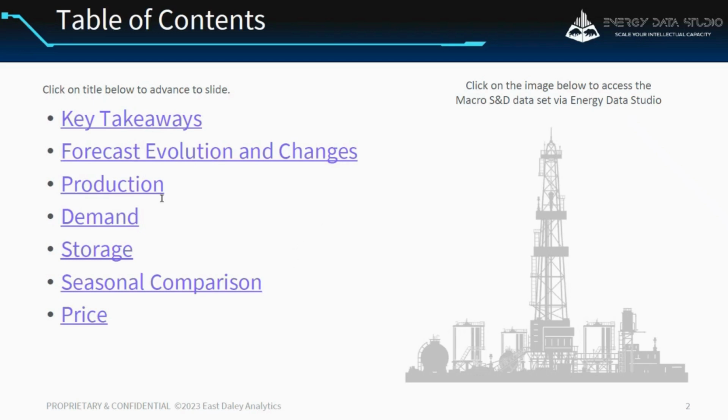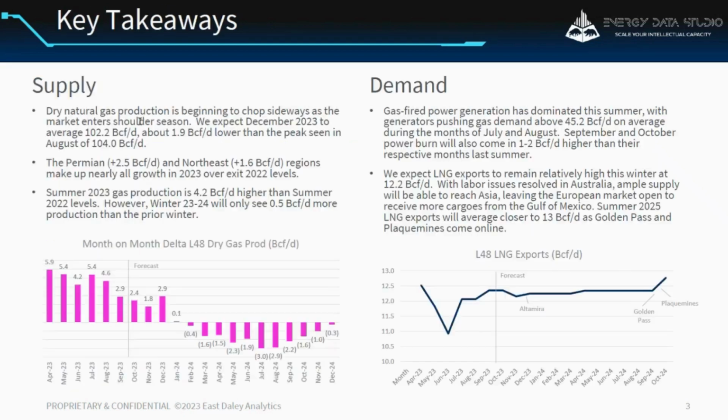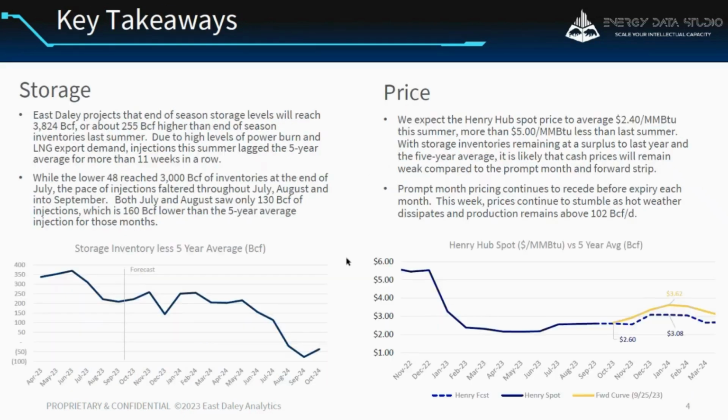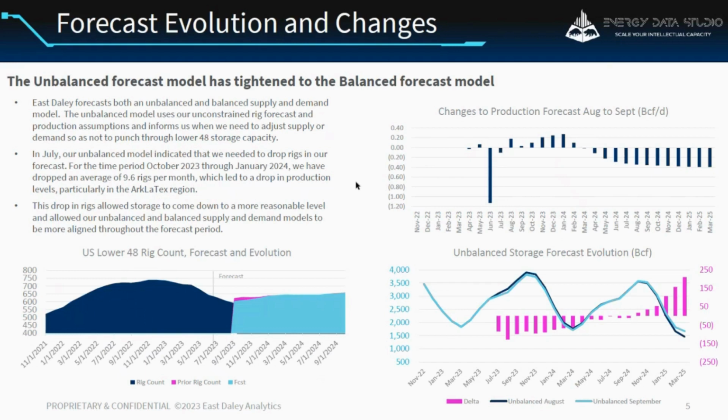So that would be supply, demand, storage, and of course, price. I'll take you through each one of these very carefully. Key takeaways, basically around supply, demand, storage, and price. That is followed by the conversation around how our forecast has changed.